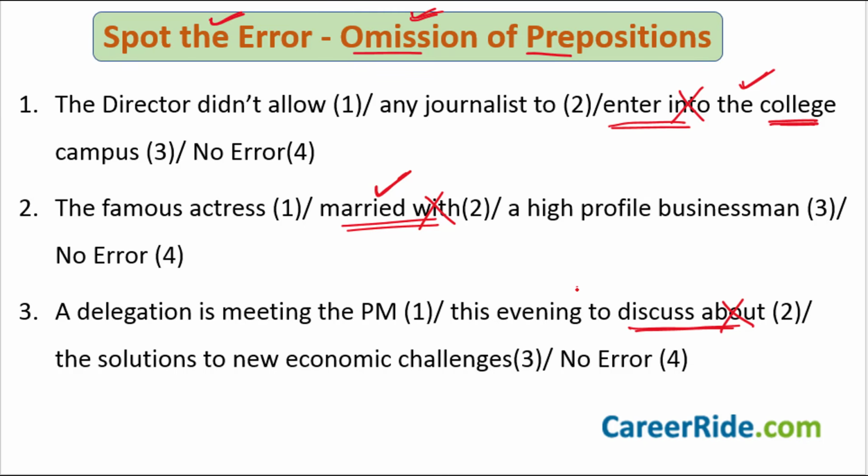So this second part has an error in it, and for words like describe, elaborate or discuss, you do not need about with them. You can simply say this evening to discuss the solutions.